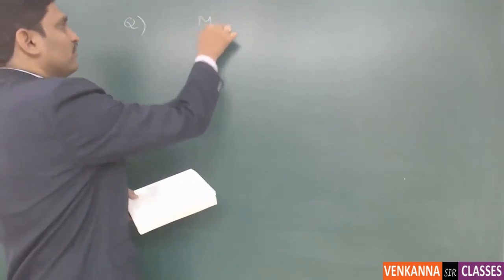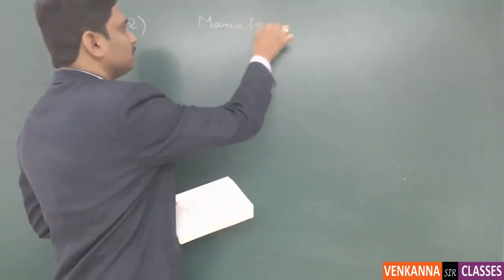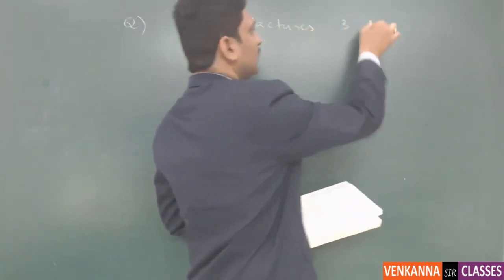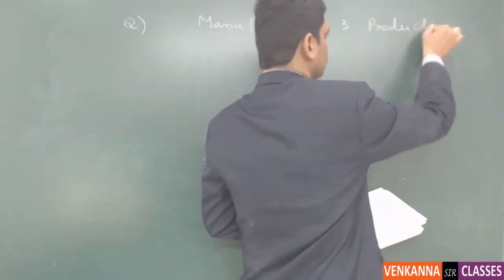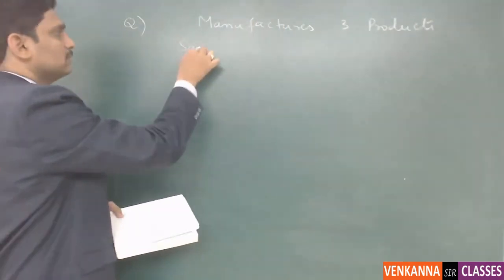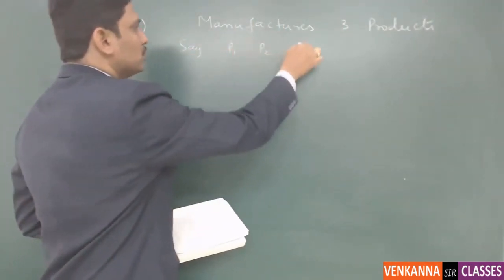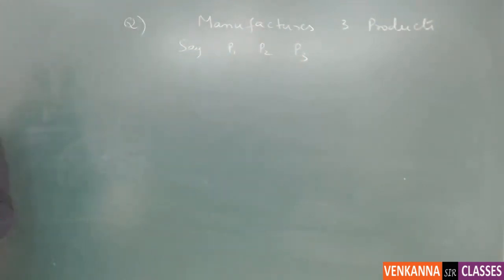So let us take a similar kind of question. I have a company which manufactures 3 products, say P1, P2, P3. Similarly, I am going to give the respective machine hours and labor hours to produce these products and the maximum available hours in the form of tabular data.